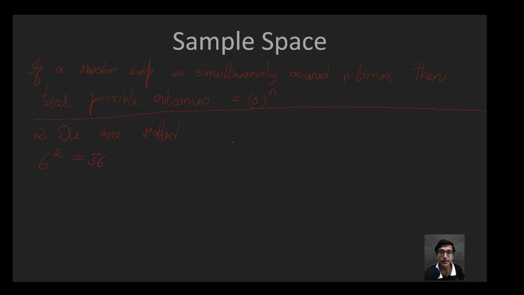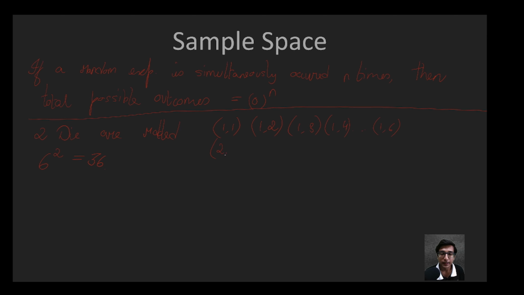So I can have 36 outcomes for dice when 2 of them are rolled simultaneously. What can they be? 1, 1: I can get 1 in both the dice. I can get 1, 2, with 1 on one die and 2 on the other. My outcome can be 1, 3, 1, 4, similarly up till 1, 6.